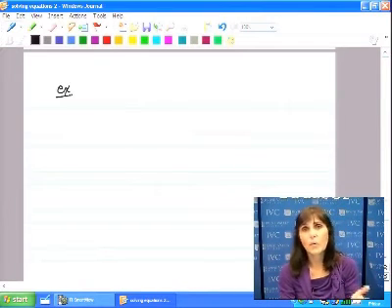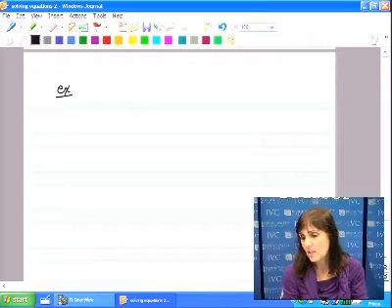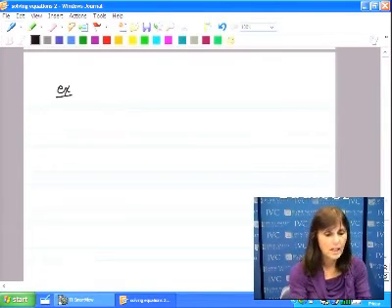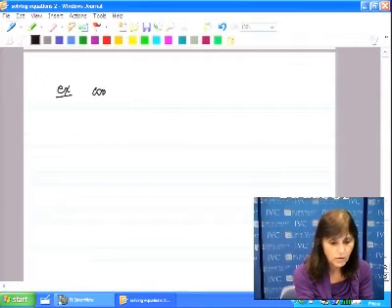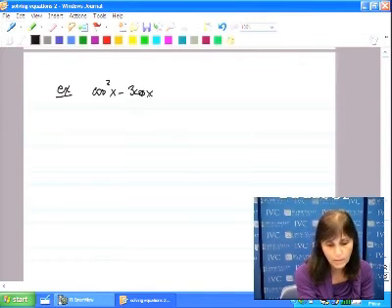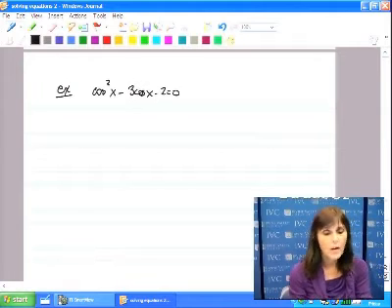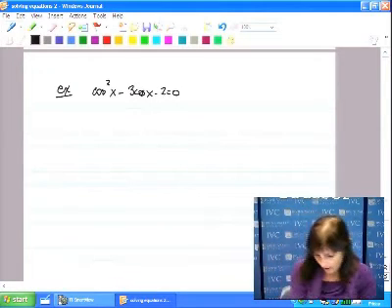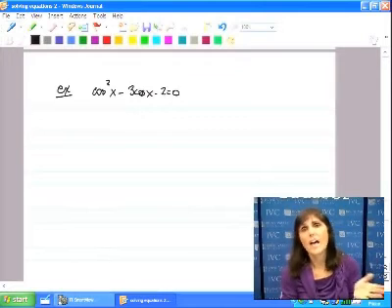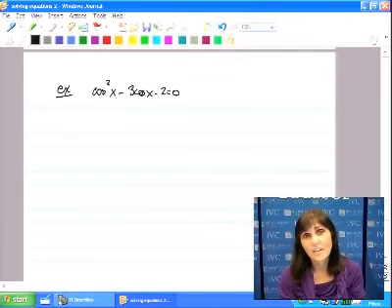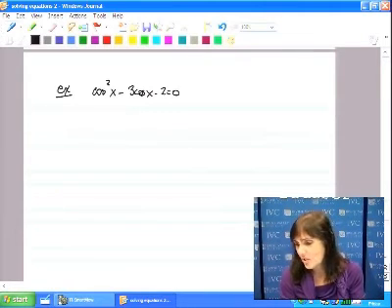Here's another example. We did the first one. Isolating the tangent was very easy, but it may not be very easy if you have some other cases like this. Cosine squared x minus 3 cosine x minus 2 equals 0. Well, this one, again, I only have cosine. So it is second degree. This is like a quadratic equation.